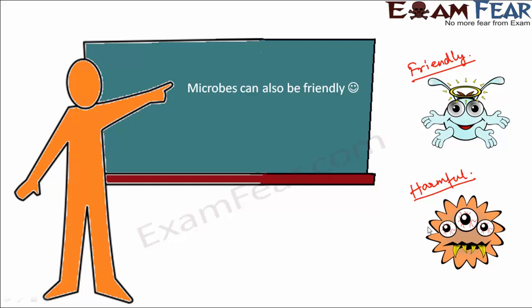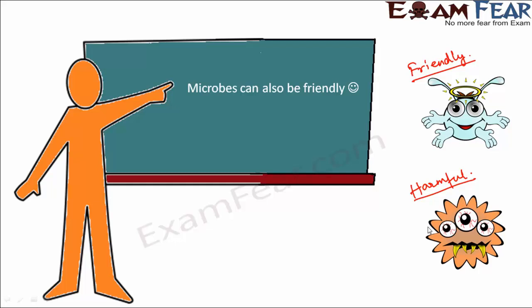Instead, they are going to help us. We will see in this lesson what are those friendly microorganisms which help us and what are those harmful organisms which harm us. So we will talk about both the good as well as the bad sides of the microorganisms.